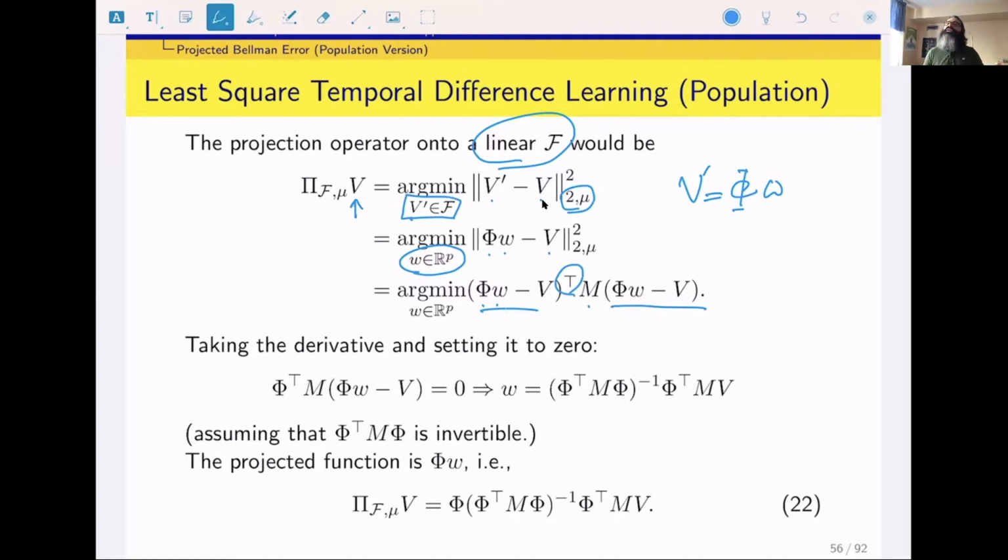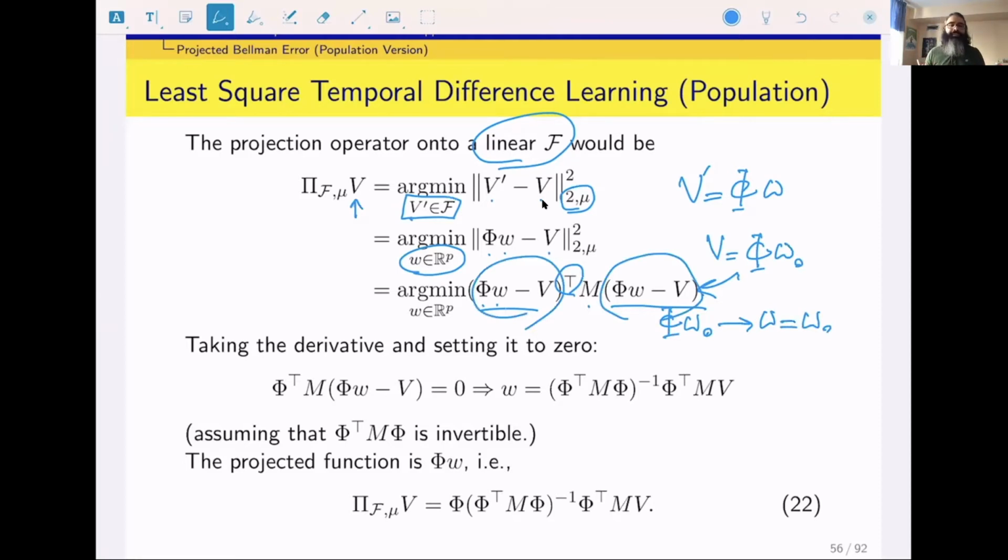Maybe one thing I can mention: suppose V is actually in that function space and can be written as phi times W0. Then if I plug this in, the minimization can be done easily by choosing W to be W0, because then each of these terms becomes 0, and it would be the minimizer of this argmin.